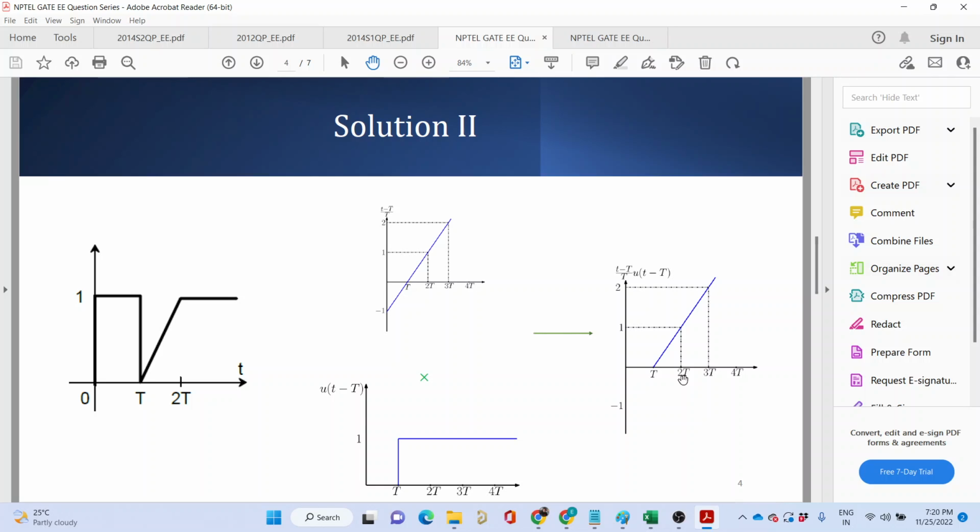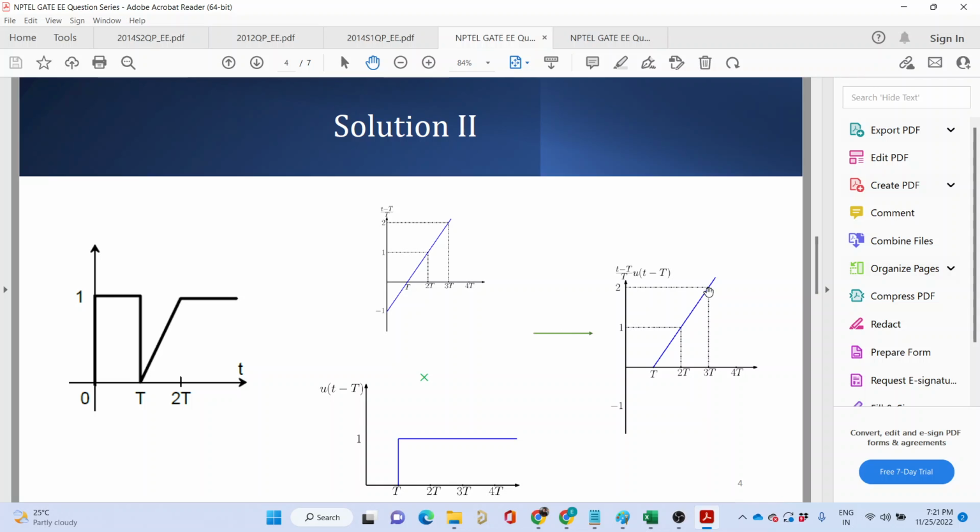Multiply with a constant. U of t minus 2t. So if you multiply with u of t minus 2t, how would the function look like?